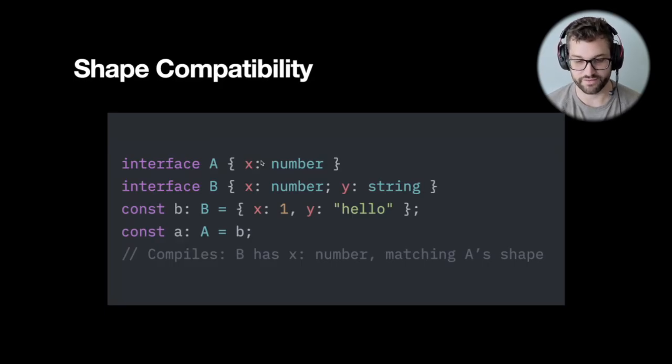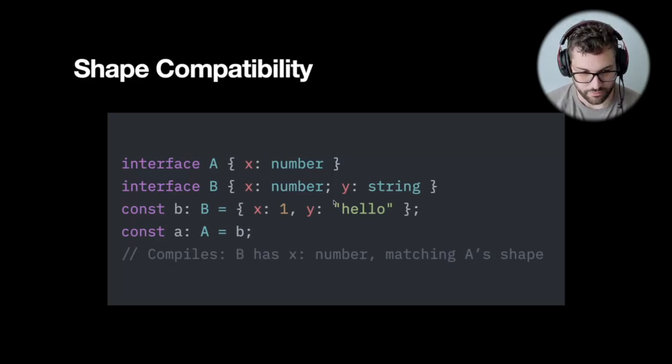That is because B has the property X, which is the minimal requirement to satisfy type A's shape. And so the fact that variable B has a property Y is ignored. So this is what we're getting at when we're talking about shape compatibility at the heart of TypeScript's static checking.